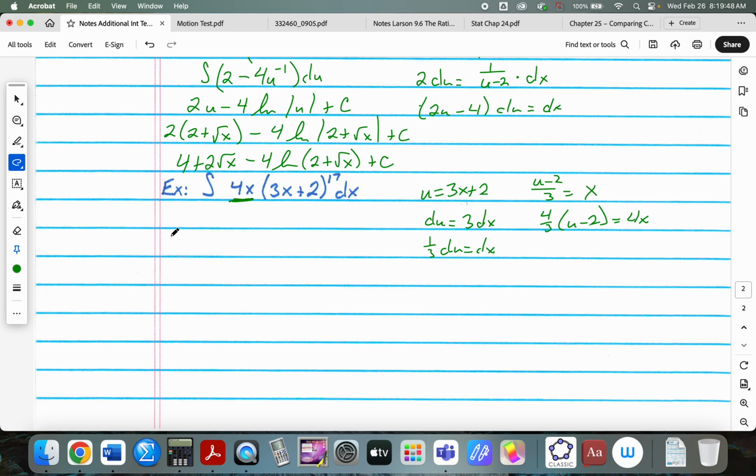So now my integral will be the integral of the 4x replaced by 4/3 of u minus 2. The 3x plus 2 to the 17th is just u to the 17th. And the dx is 1/3 du.